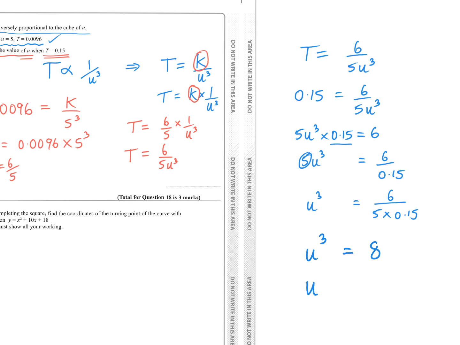So u would equal 2, the cube root of 8. And if you wanted to do that on your calculator, I think you could use this button here and just do cube root. Don't forget to put a little bracket in here. Okay, so 8, the power button, bracket, 1 divided by 3, close bracket, and you'll get the answer 2. Okay.